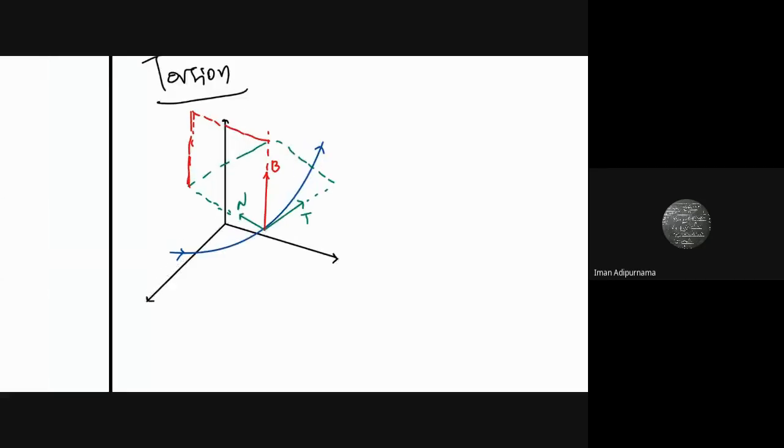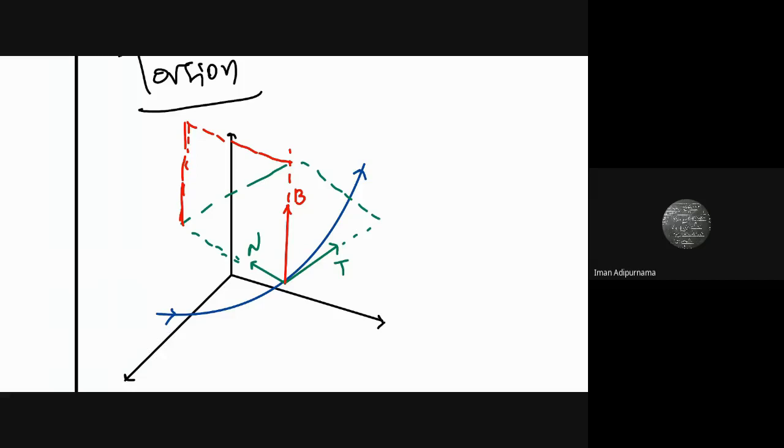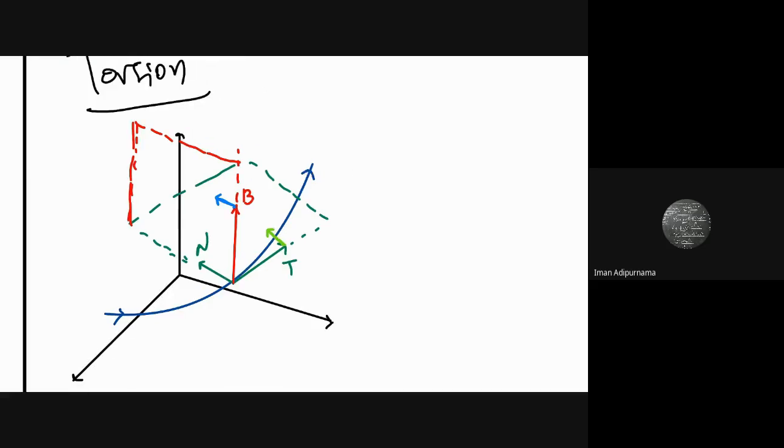And at this vector B there, if we have this vector, and if we have this vector, we call this dT over ds. ds means the length of the curve.